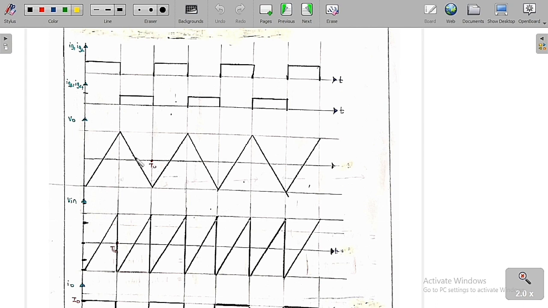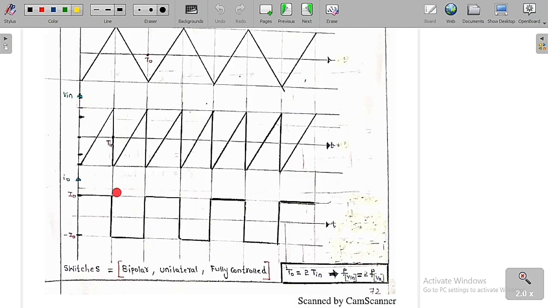So whenever T1 and T2 are on, the output voltage is equal to Vin, whereas when T3 and T4 are on, the output voltage is the negative of the input voltage. With the help of this we can easily draw the graph. This is the output voltage we are going to get and this is the input voltage. Now let me draw the output current.